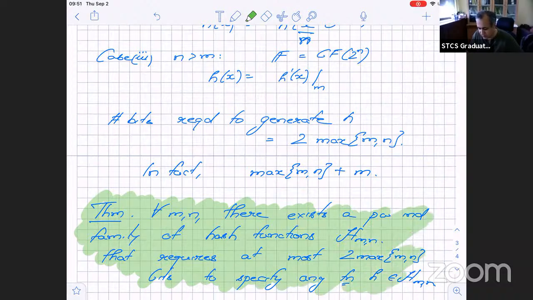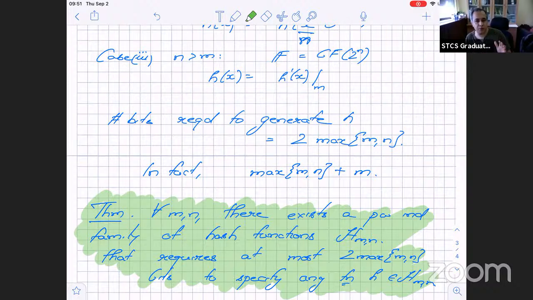I'm not just stating it because we never formally defined these objects, but this will be needed. Given these bits, you can compute the function efficiently, and that's because field multiplication and addition are efficient.